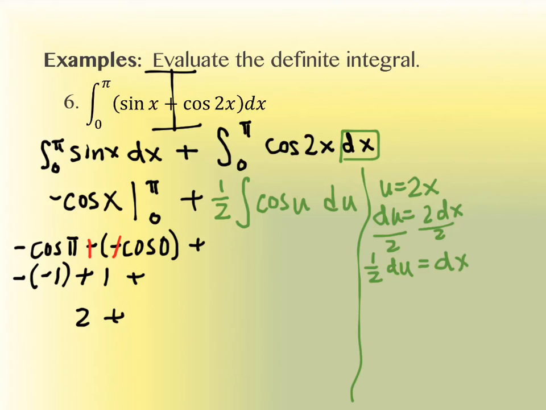But that just looks like something you know how to do, right? Okay. Now notice the 0 and the pi are not there right now because I've turned them into u's. If you put the 0 and the pi there, it means the 0 and the pi apply to u. And they don't. They apply to x. You have to leave them off if they don't apply to the variable you're using.